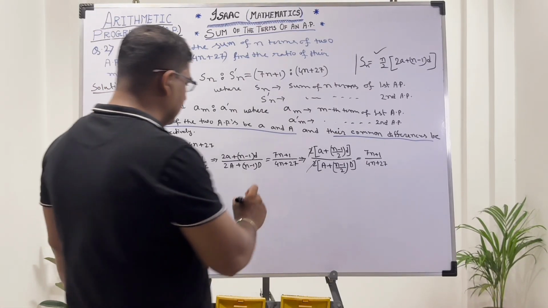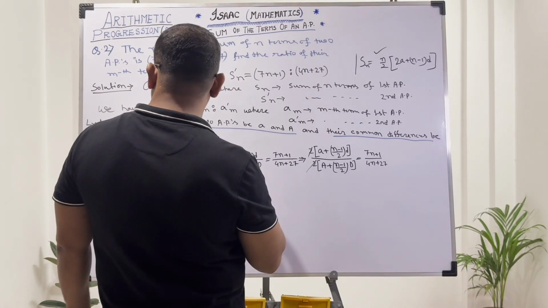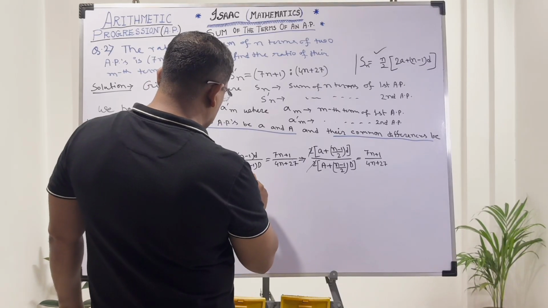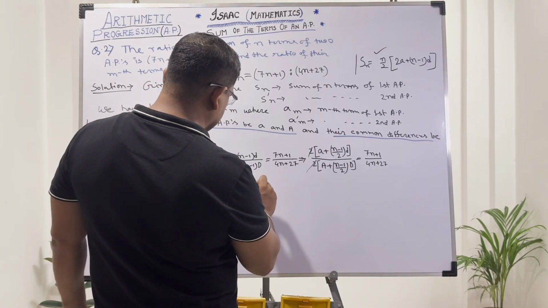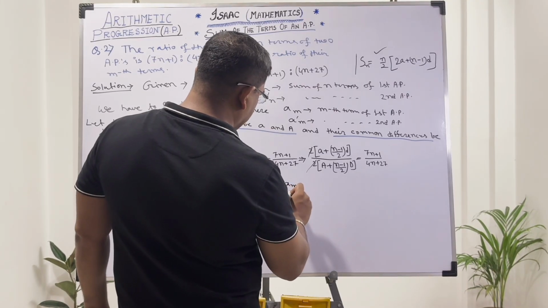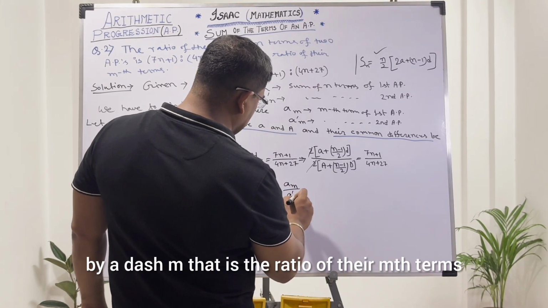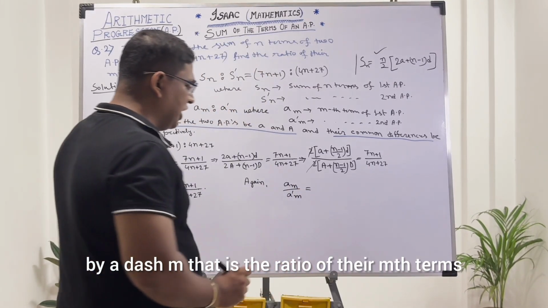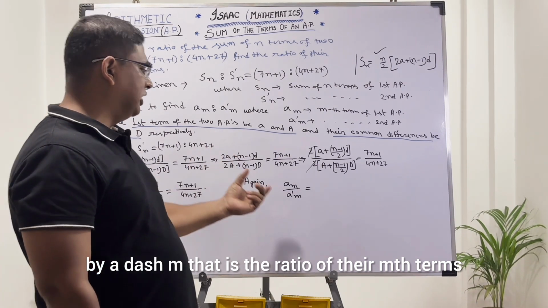Okay. Again, Am by A dash m, that is the ratio of their mth terms.